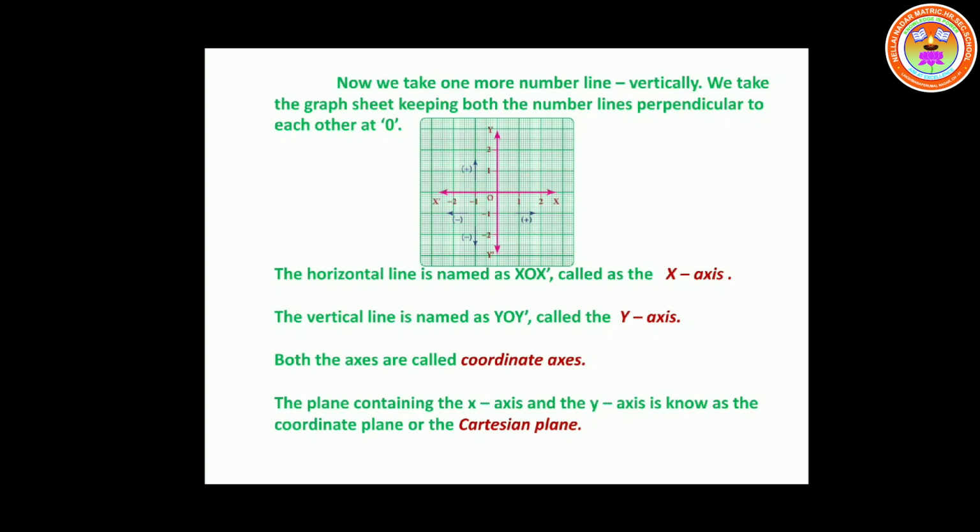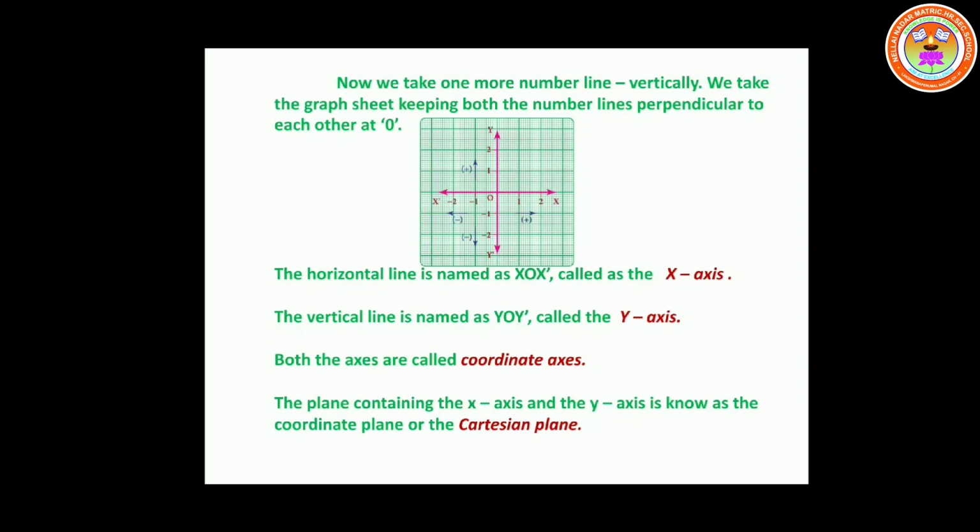So there is a horizontal line and a vertical line, and both are perpendicular to each other at the point O. Now this horizontal line is named as XOX dash.